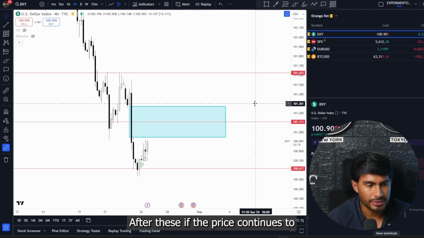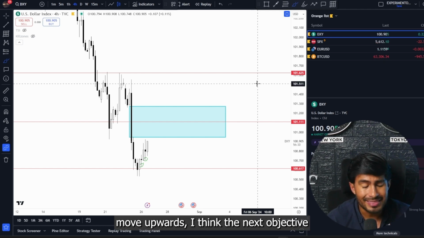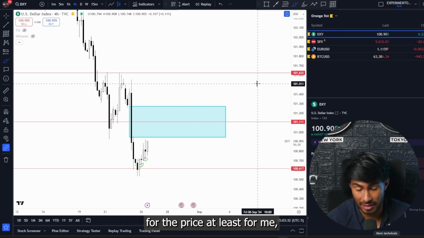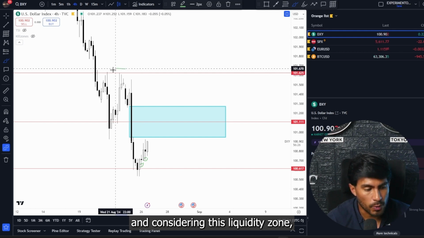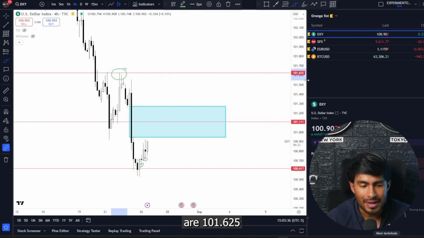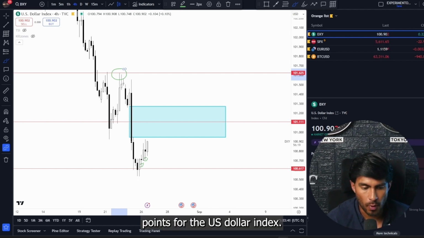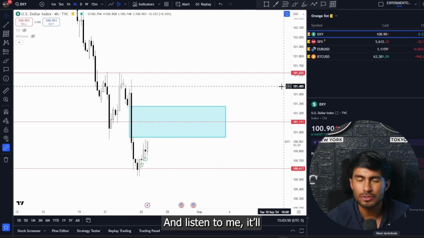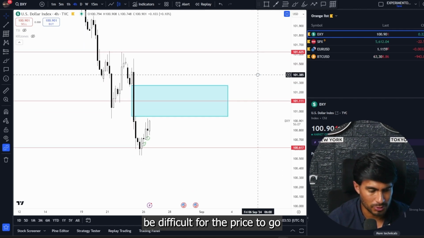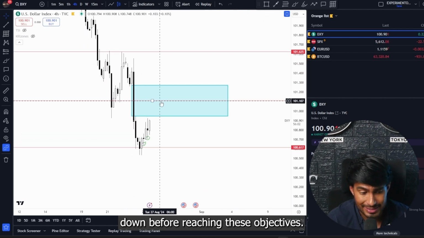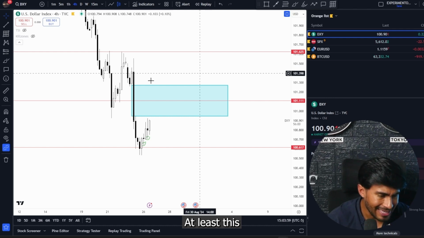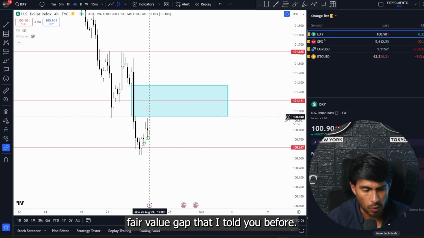After this, if the price continues to move upwards, I think the next objective for the price, at least for me, and considering these liquidity zones, is 101.625 points for the US dollar index. And listen to me, it'll be difficult for the price to go down before reaching these objectives, at least this fair value gap that I told you before.